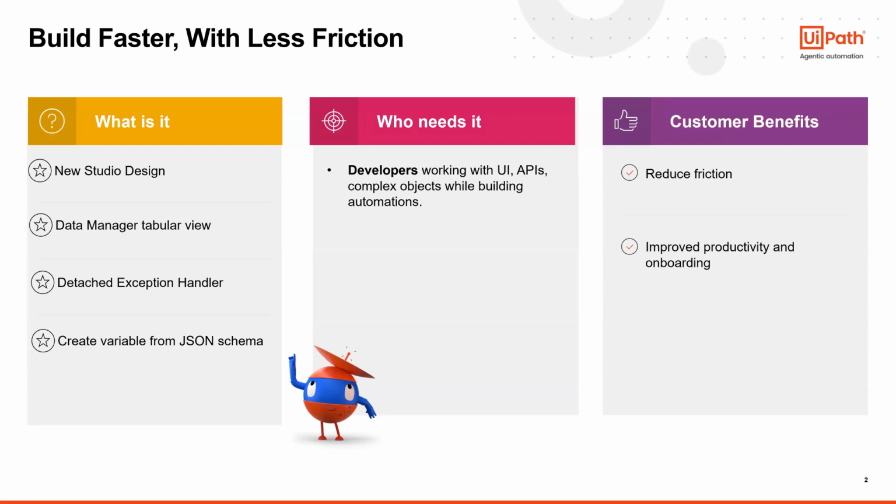Let's talk about how we are reducing the effort it takes to get started and stay in the flow. First, we'll take a look at the new Studio user interface. It's modern, cleaner, and more consistent across views. This lets developers focus on what really matters, the act of building automations and not managing the tool complexity.